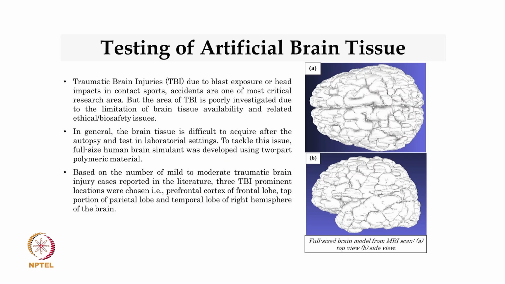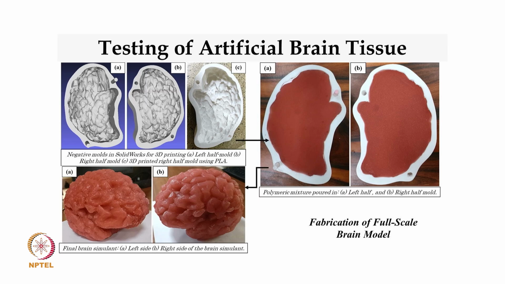Then, this part I have already explained in previous sessions, we created an artificial brain model. Within this brain model we have not only created the structure based on actual human body designs and the human body dimensions of a patient, but we have created a whole brain model, and using additive manufacturing we could make two parts.